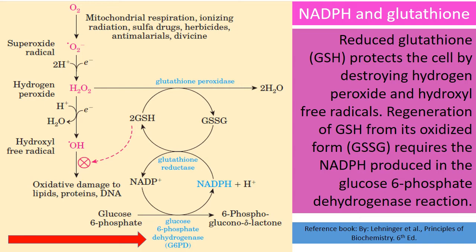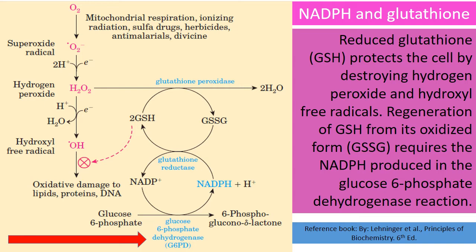During this conversion, there is a production of reduced NADPH from NADP. So this is a major reaction that is responsible for the production of NADPH, that then causes a reduction of the glutathione, and that reduced glutathione then counters the free radicals.